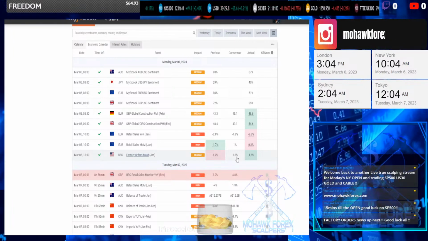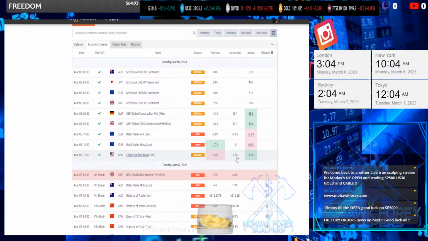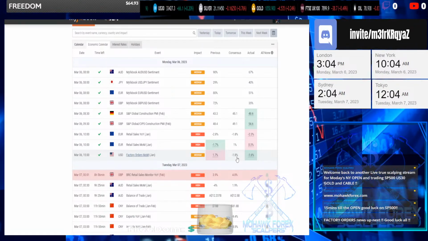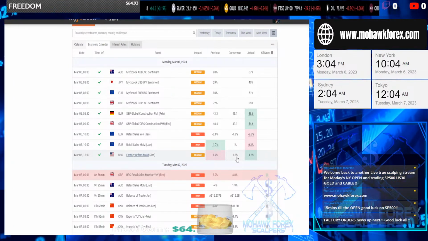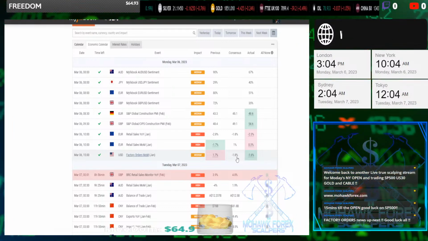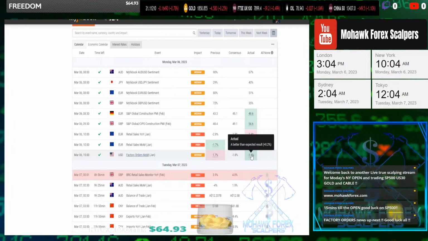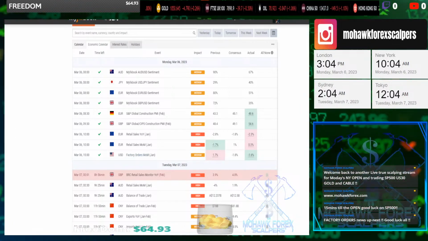Basically, we're waiting for a slowdown in the US economy so that the Fed doesn't have to think about doing 0.5 interest rate rises. We're already kind of priced in 0.25. So anything that goes in that way will affect the market. But obviously on this occasion, a better than expected result is what has caused the drop.